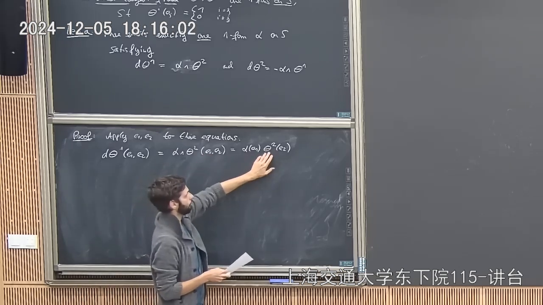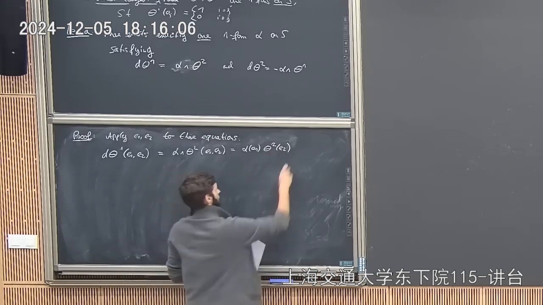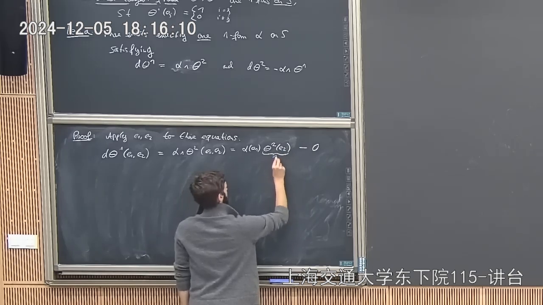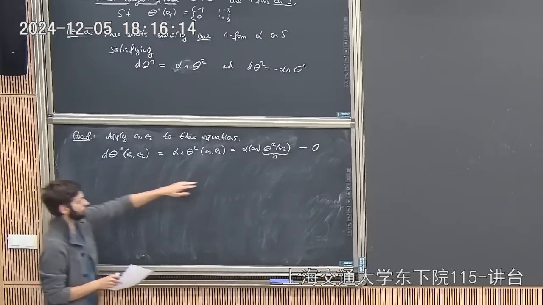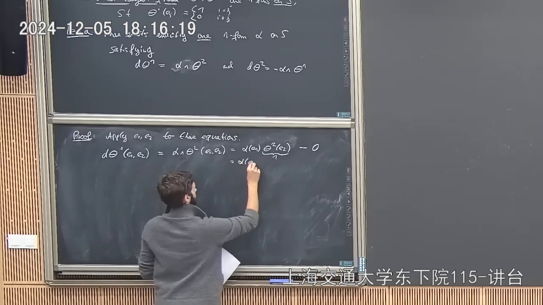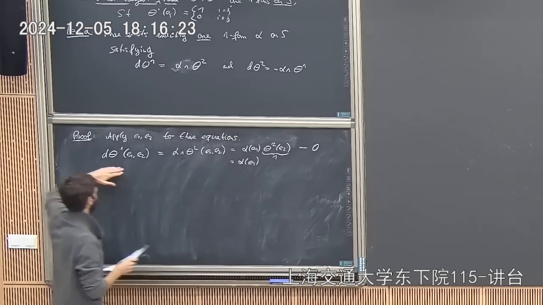But in this case, we have θ2 eating E1, and that gives us 0. So we get a 0 here. And this one is just 1 by definition.